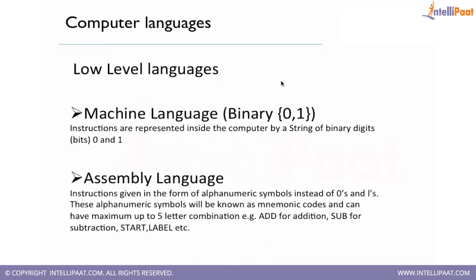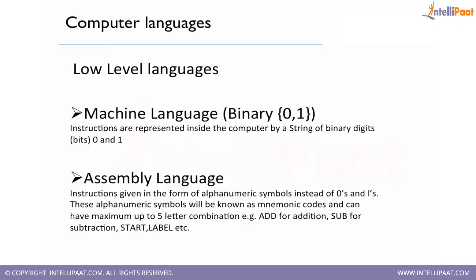So, languages. What are the languages supported by the computer? The computer supports low-level languages, which is machine level language. Machine level language is nothing but language written in bits format, 0101. It is understood only by machines.